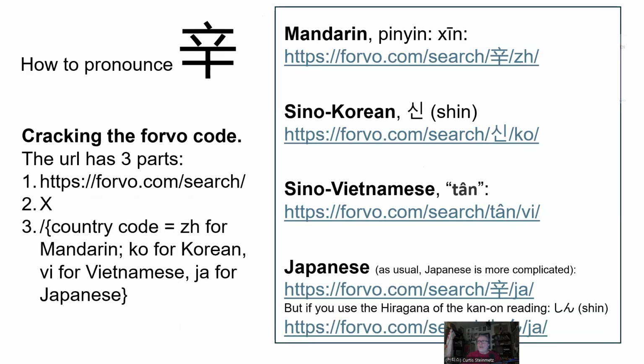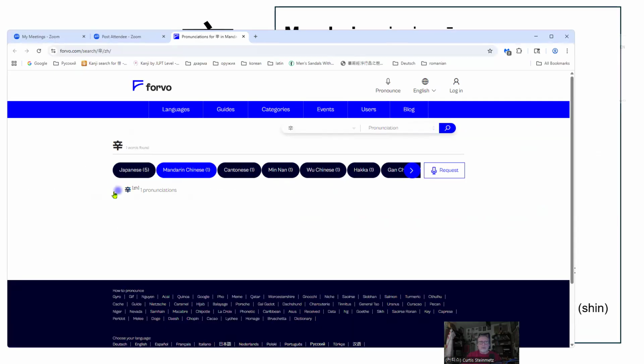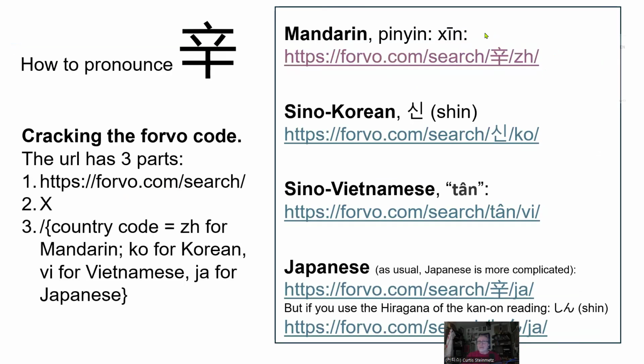Okay, so now I'm going to do this thing again with Forvo and see what happens. Hopefully nothing bad, right? Shin. Okay, that's what Forvo gives us for the pronunciation in Mandarin of this character, Shin.